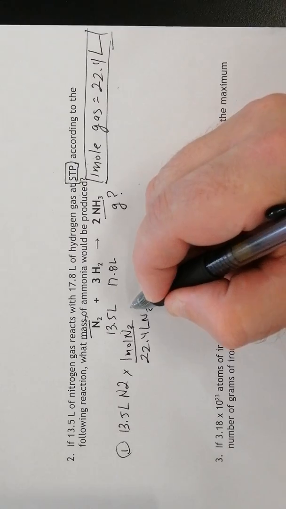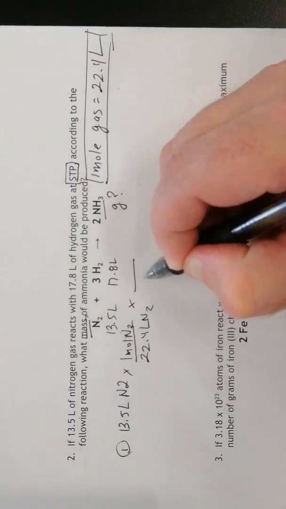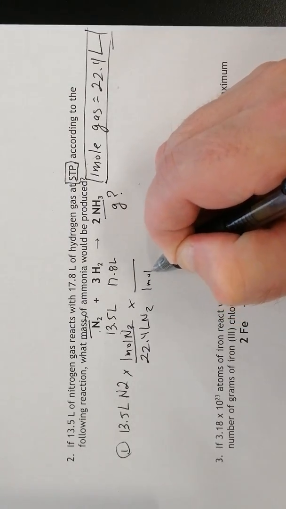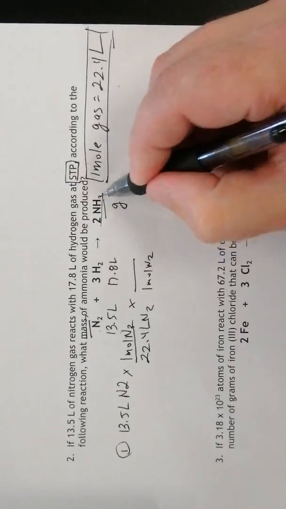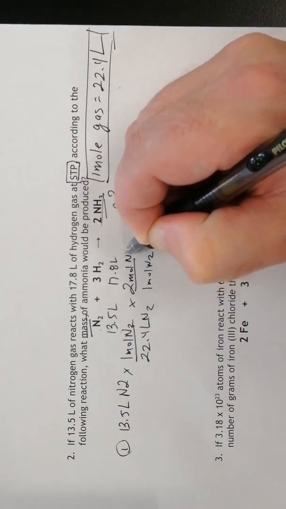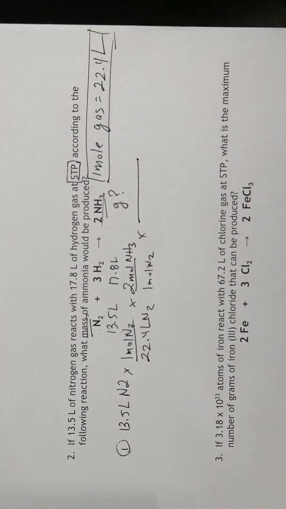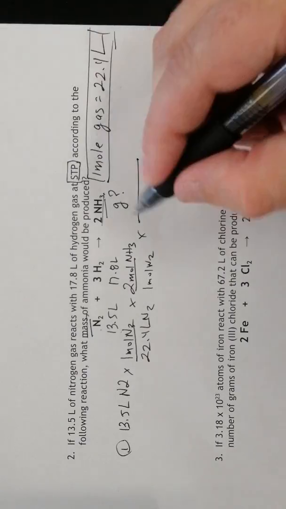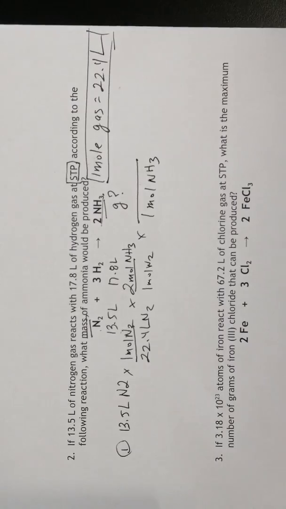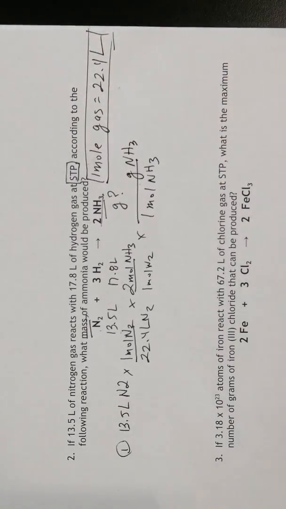Next, I want to relate moles of N2 according to our equation. So I've got 1 mole N2 to 2 moles of ammonia. Finally, very easy, I can relate 1 mole NH3 to mass, grams of ammonia.